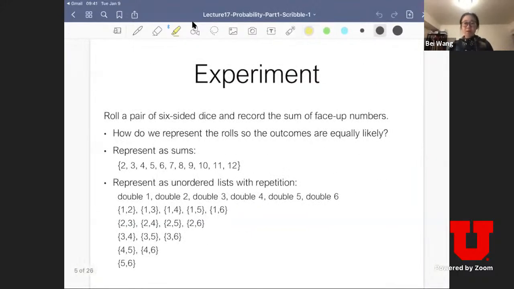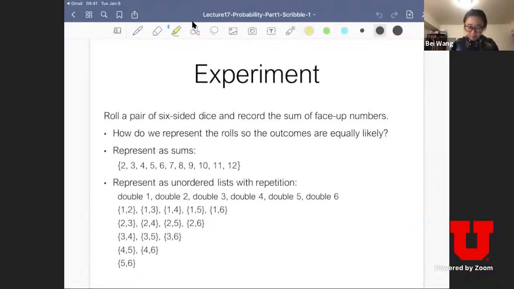So let's start with a simple experiment. You are going to see a lot of problems surrounding rolling dice. You have a pair of 6-sided dice, and you're going to record the sum of the numbers that are faced up. The first question is, how can we represent the rolls so that the outcomes are equally likely? One way is to represent the outcome as a sum of numbers, which goes between 2 and 12.